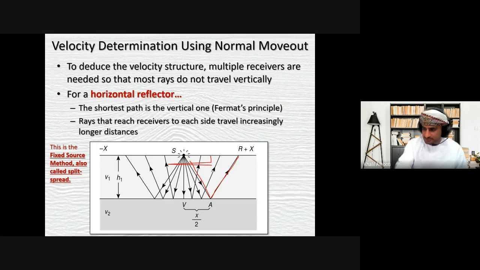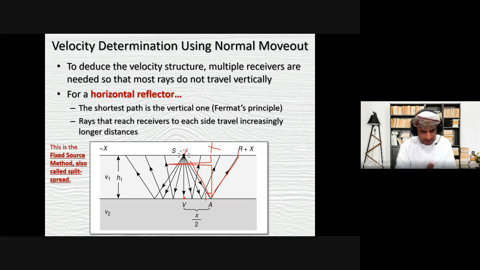So let's take the middle one. From here to here is X, capital X, and from V to R it is X over 2.